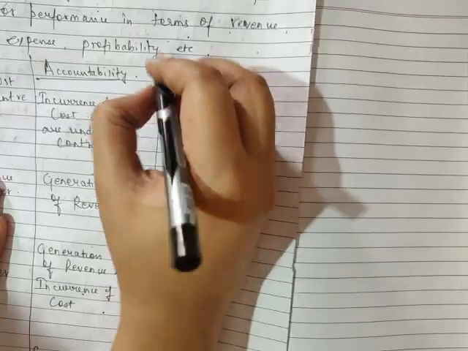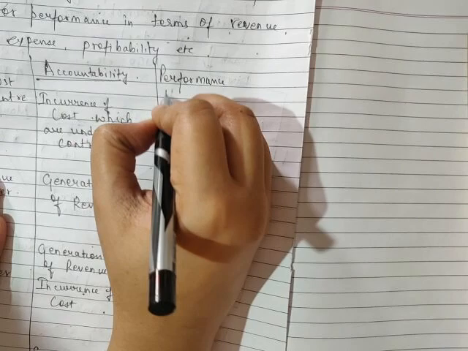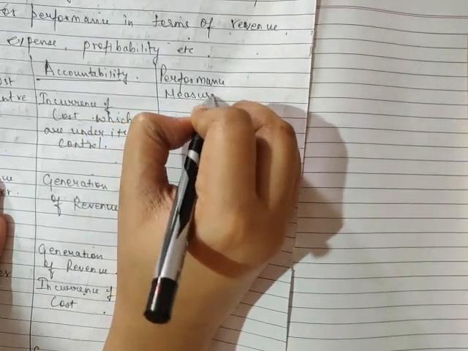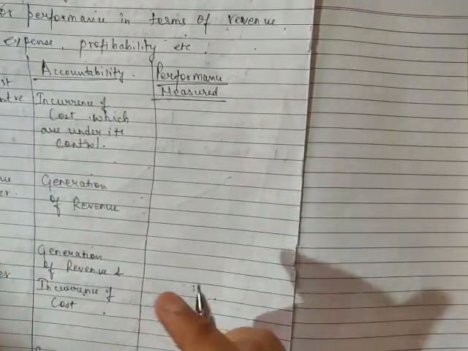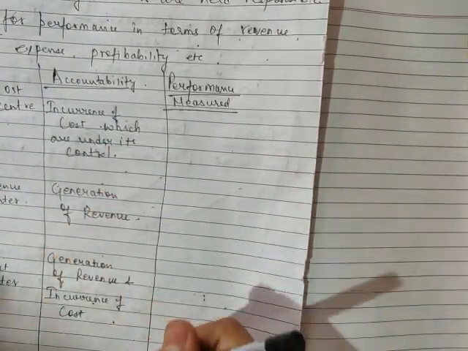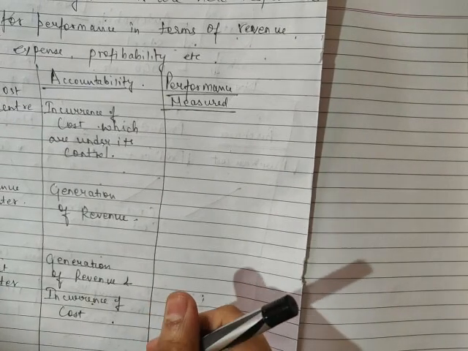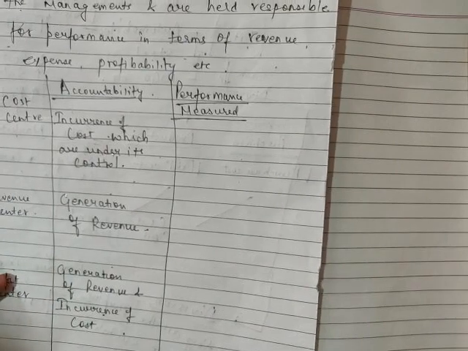Now, how is performance measured for each of these centers? The departments have been given authorities to some extent to control their cost, increase their revenue, and to ensure adequate capital investment. So, the performance will also be accordingly measured.